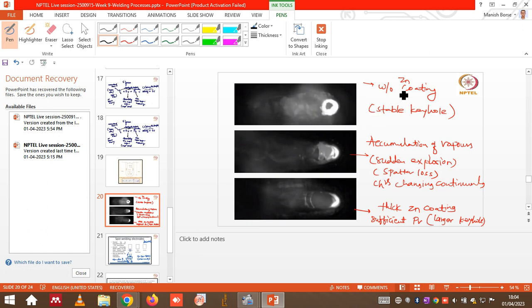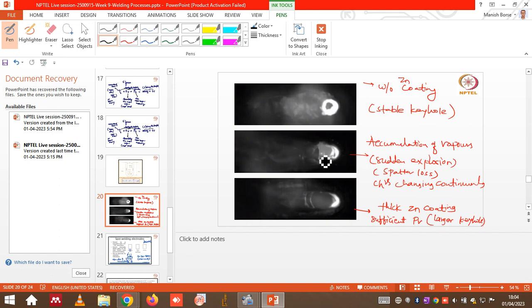In the second case, the plates are again in the lap configuration with the same thickness, but there is a small or thinner zinc coating on the surface of the plates, at the interface.